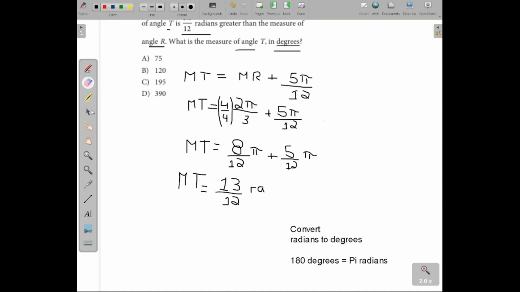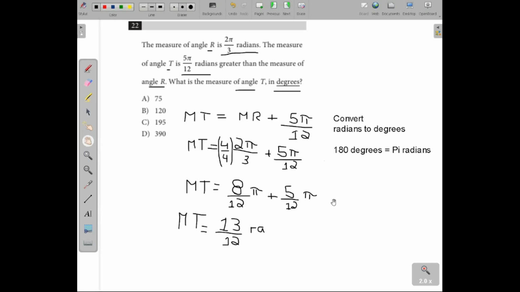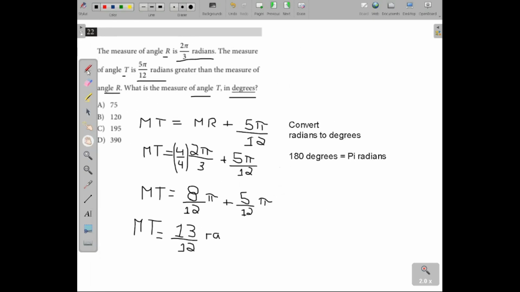We need to convert radians to degrees. And we know that 180 degrees is equal to pi radians. So we multiply this fraction, 13 pi, I forgot the pi, divided by 12.